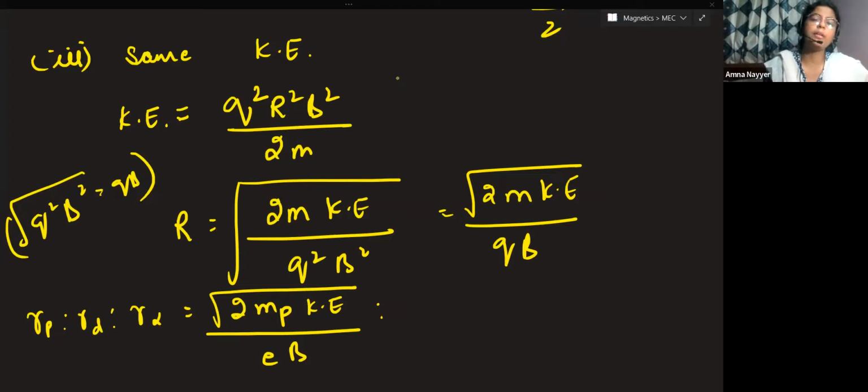Yes, Kulsum, what will be the formula for deuteron? The way Fatima answered it for proton, I'm asking you for deuteron. Atif also sent his answer, no? Kulsum, are you not able to unmute yourself? All right, just type it then.